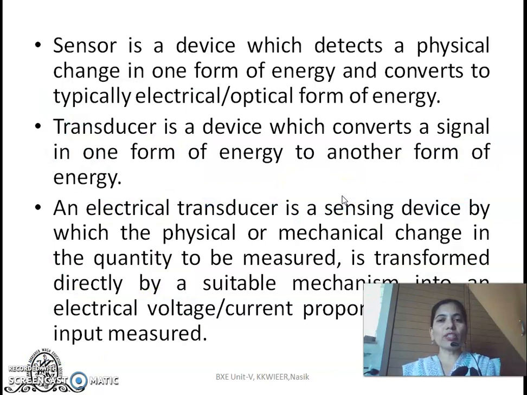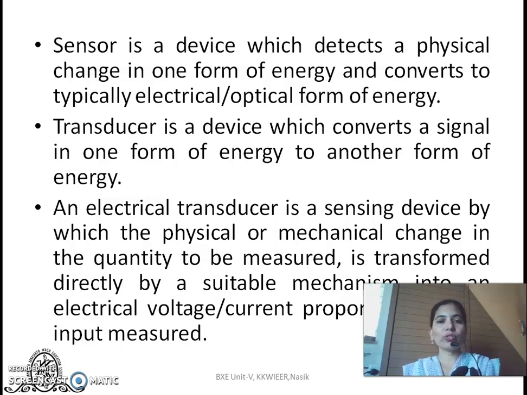A sensor is a device which detects a physical change in one form of energy and converts it, typically into electrical or optical form. Whereas a transducer is a device which converts a signal in one form of energy to another form. A transducer may not be capable of detecting a change in the physical quantity, but it is certainly capable of converting one form of energy into another form.